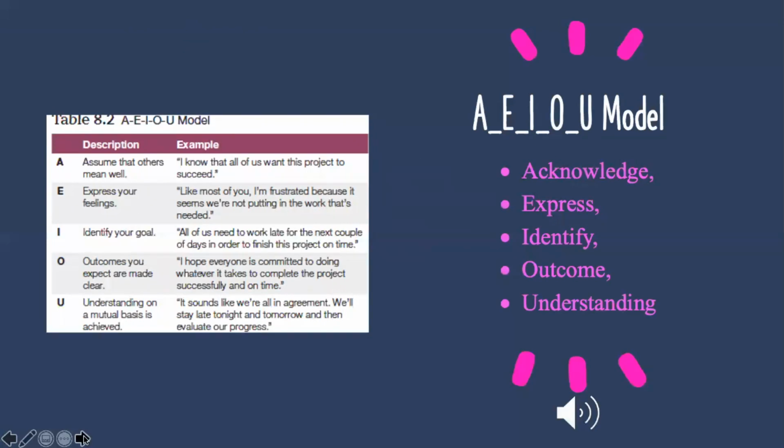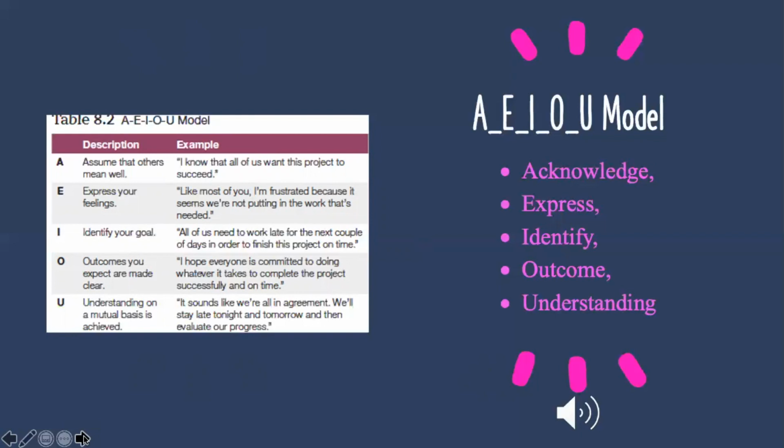Well, this next model should be easy to remember. AEIOU: acknowledge, express, identify, look for the outcomes, and understanding.